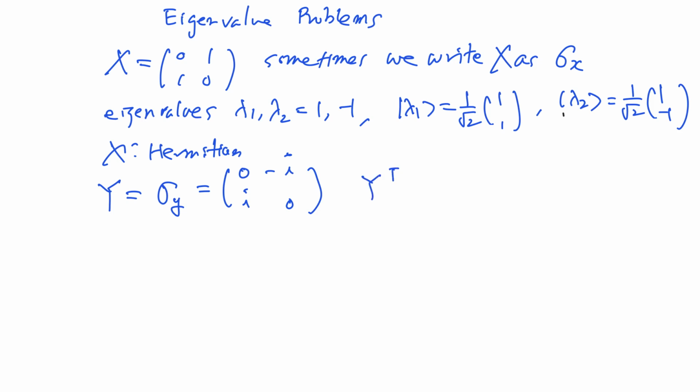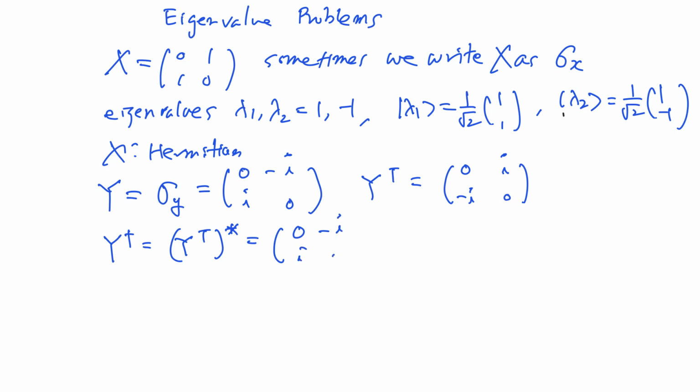Y transpose is what? (0, I; minus I, 0), right? So Y adjoint, Y transpose with complex conjugate, gives (0, minus I; I, 0), which is the same as Y, right? So Y is also a Hermitian matrix.